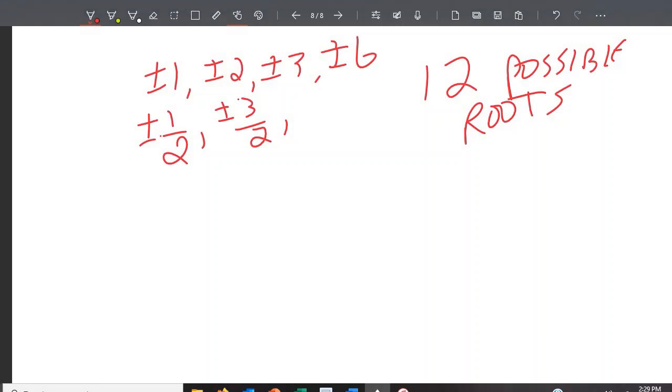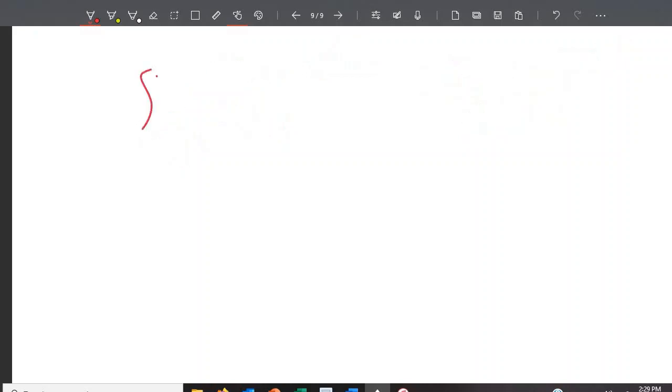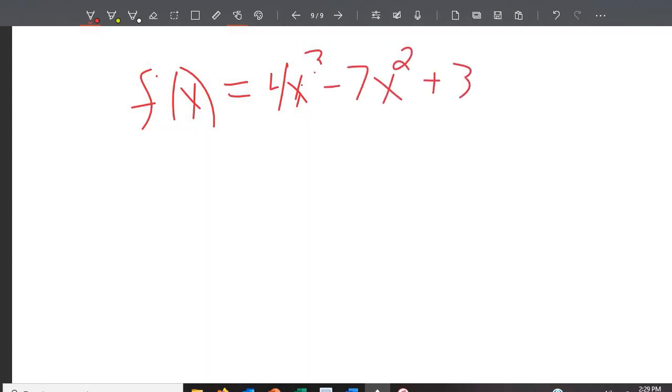Let's say my function is 4x cubed minus 7x squared plus 3x plus 15.